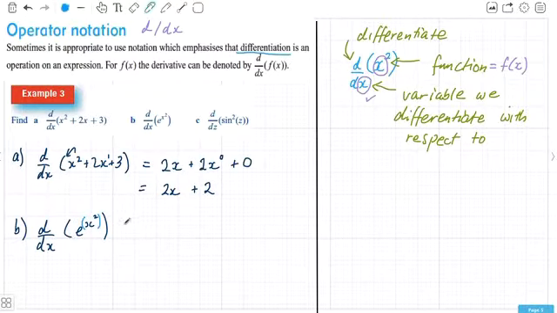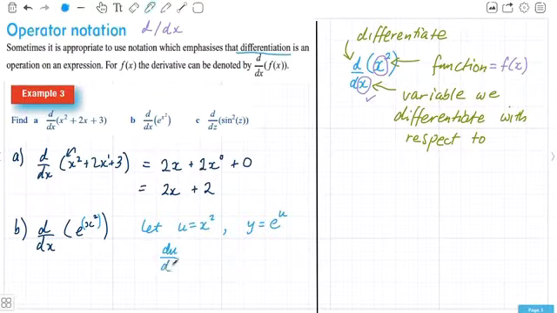So what we're going to do is let u equal the function inside the exponential, so that's x squared. We'll let y equal e to the power of u, just for the sake of using the chain rule. So we have e to the power of u. We've let this thing equal u.